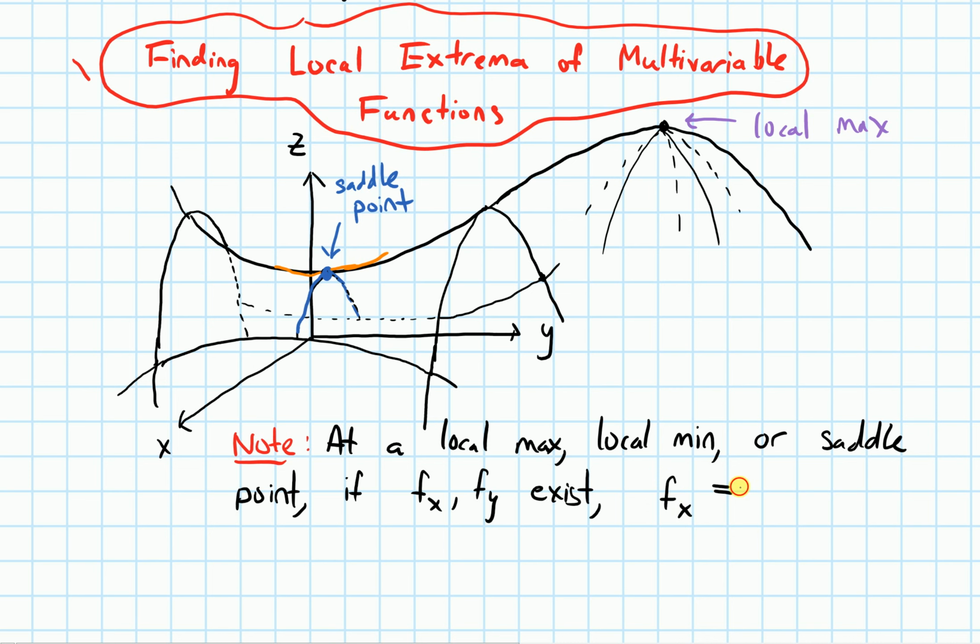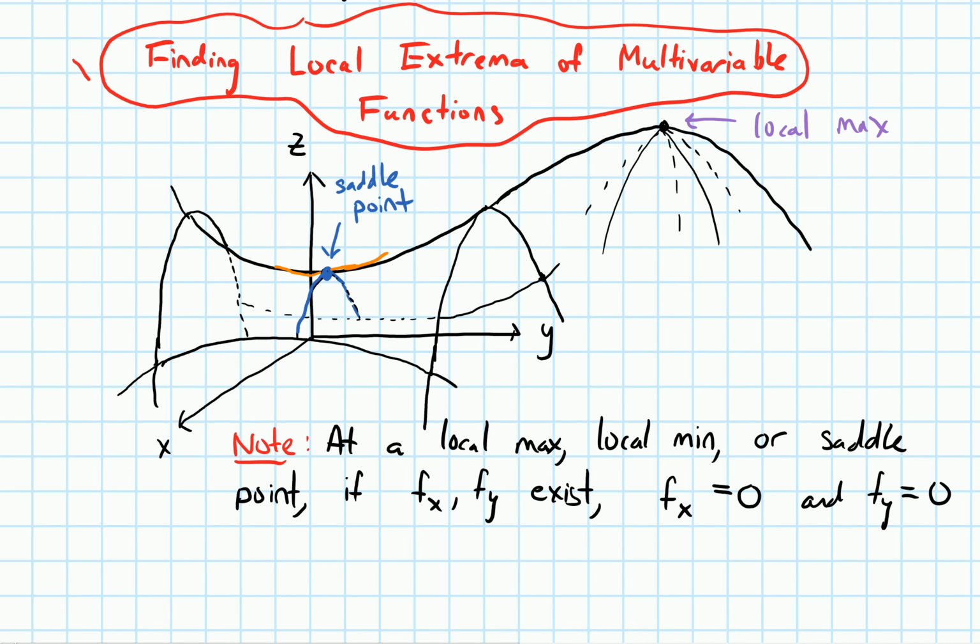So the x partial derivative is equal to 0, and the y partial derivative is equal to 0, as long as we're at a local max, a local min, or a saddle point, and these partial derivatives exist, so I don't have anything like a sharp corner going on.